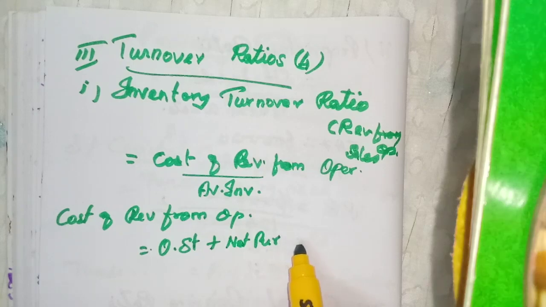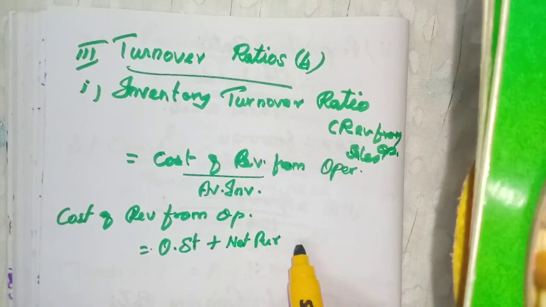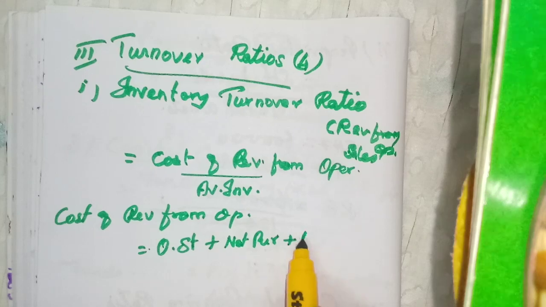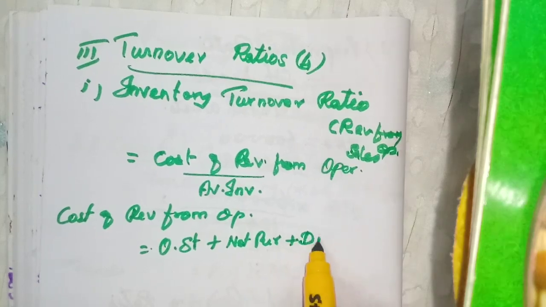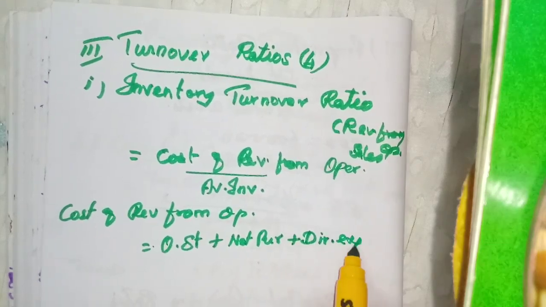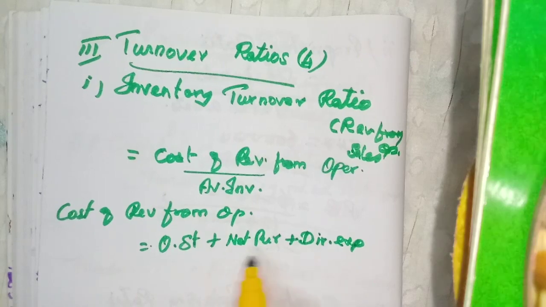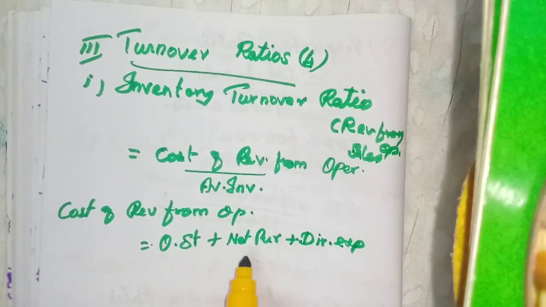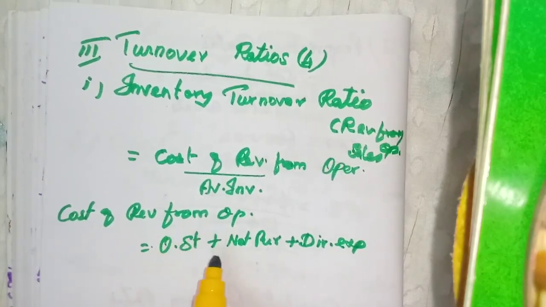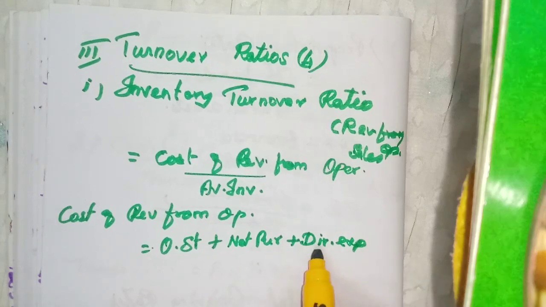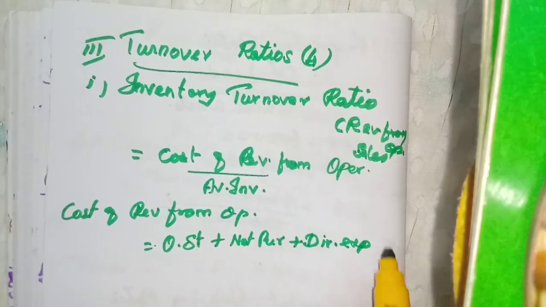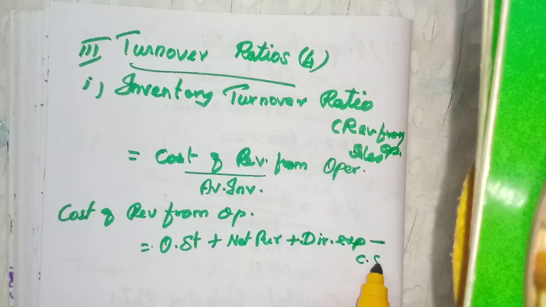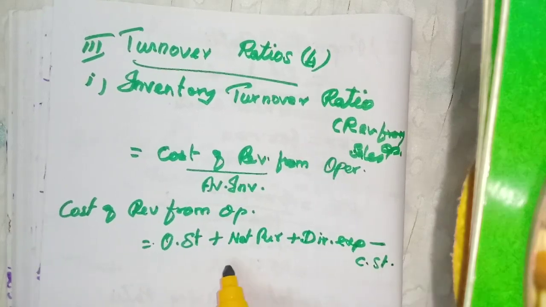Okay, add net purchases. Then we should add the direct expenses. This in the trading account we used to calculate, isn't it? Direct expenses. Then we can deduct the closing stock. Closing stock means closing inventory.